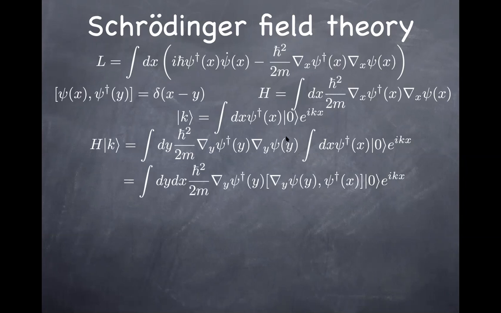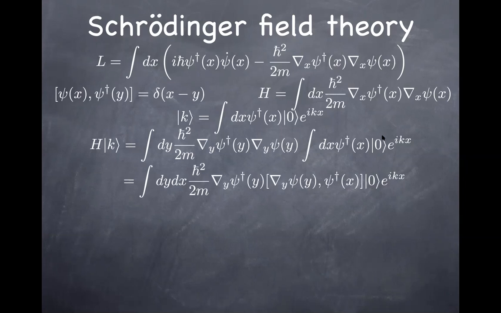So replacing this del y psi dagger with the commutator gives you the term with the opposite ordering, psi dagger del y psi, but del y psi is acting directly on the vacuum, so psi would annihilate it. I'm changing the order of these two operators by the commutator, but there is no change to the final result because psi acting on the vacuum identically vanishes.